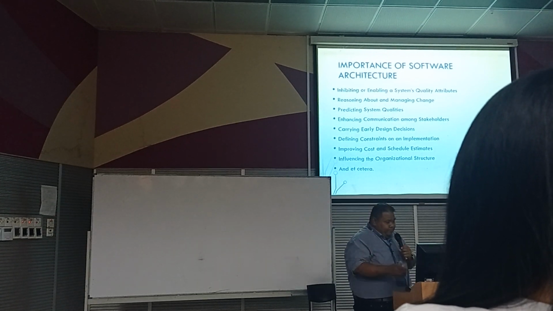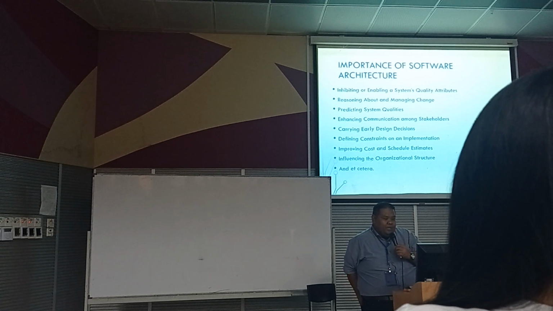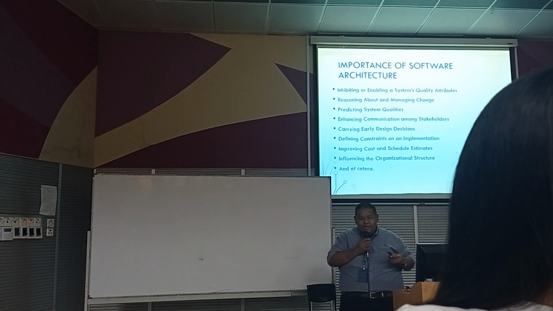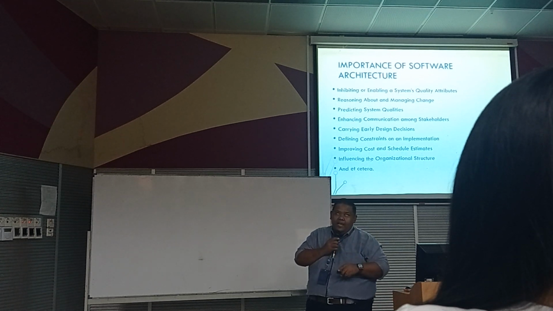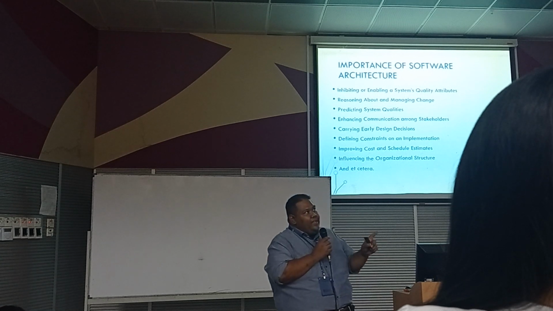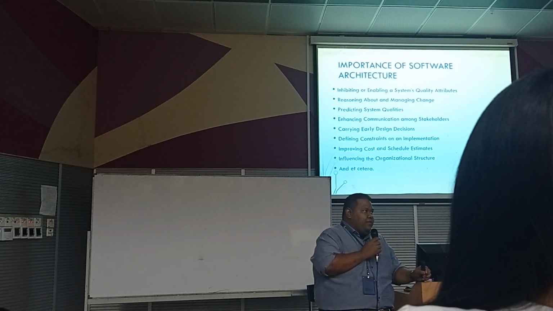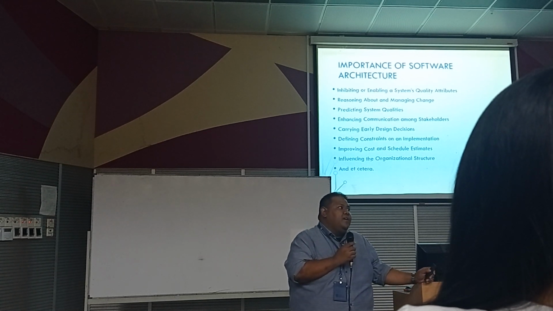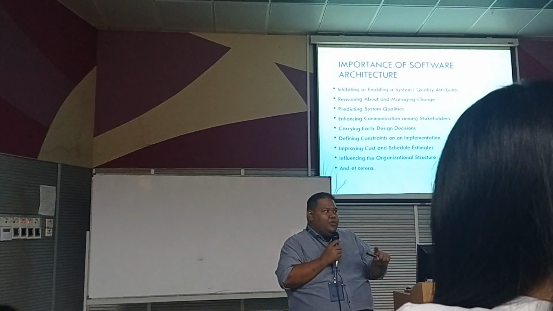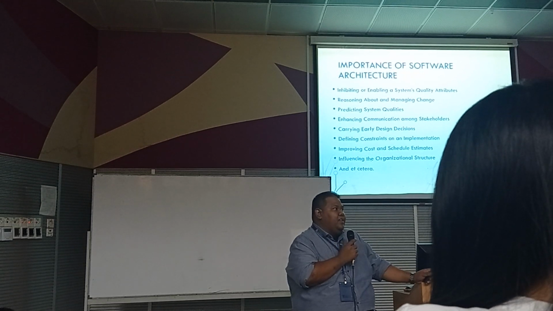Number one, architecture is important because it will enable or disable the quality attribute that you want to achieve. If you choose the right architecture, then the quality objective that you defined in chapter 4 of your SRS can be achieved. But if you choose the wrong architecture, you will not be able to achieve the quality objective.